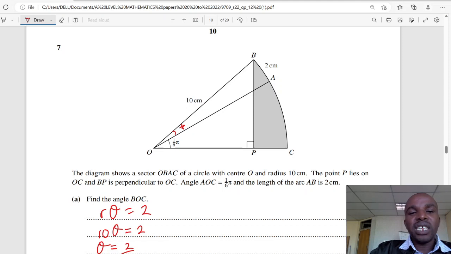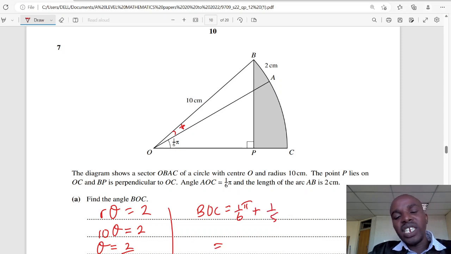1 over 5 radians. So to find the angle BOC, you add the two angles. BOC equals pi over 6 plus 1 over 5 radians. I can just leave it like this, or you can give it to 3 significant figures.